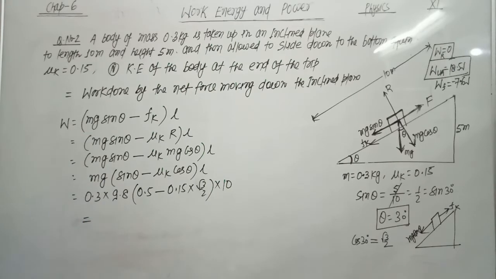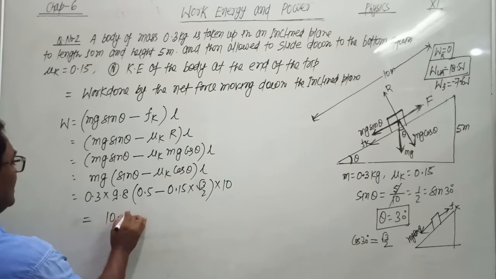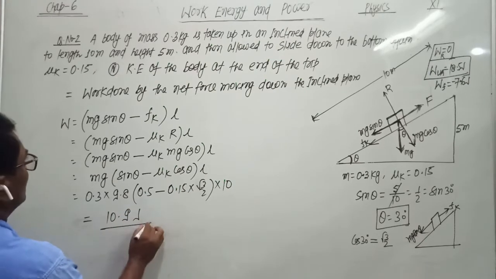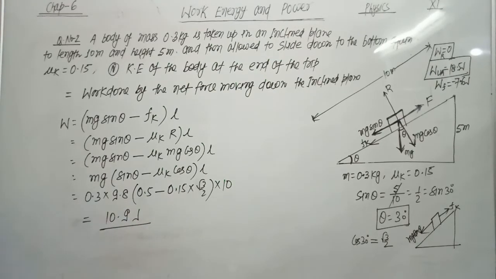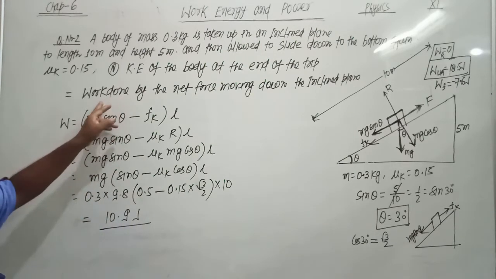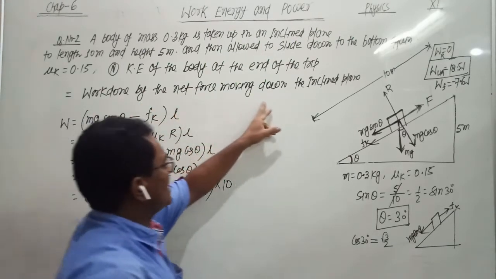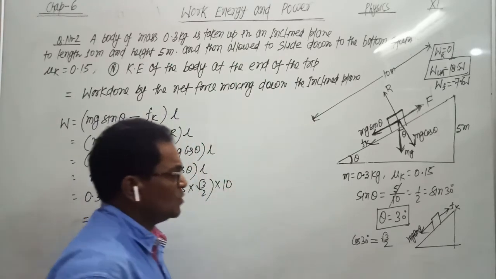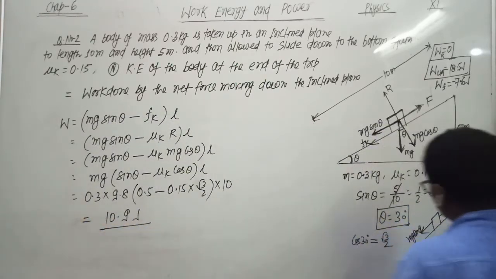After solving we get the result 10.90. So this is the kinetic energy of the body at the end of the trip, which equals the work done by the net force moving down the plane.